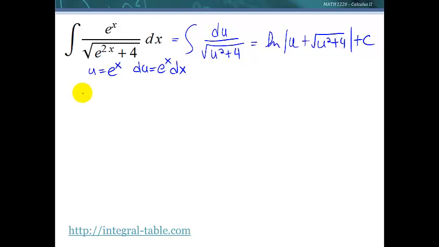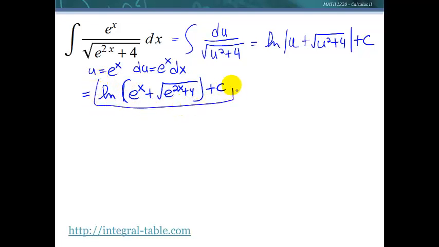Now I would need to resubstitute, so I have natural log of absolute value, I have e to the x plus the square root of e to the 2x plus 4 plus a constant. I see I won't need absolute value because that's always going to be positive.